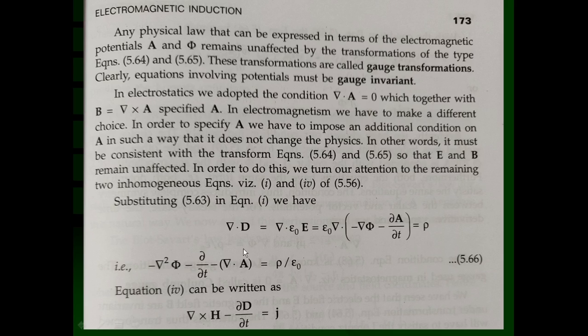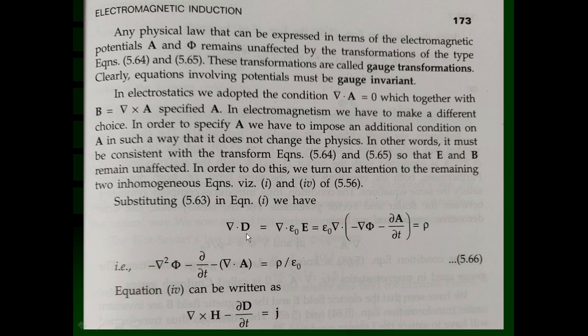Starting with the first equation, that is the divergence of D is equal to rho. Here you can see that the vector displacement electric field D is equal to epsilon 0 E. So that is substituted here.